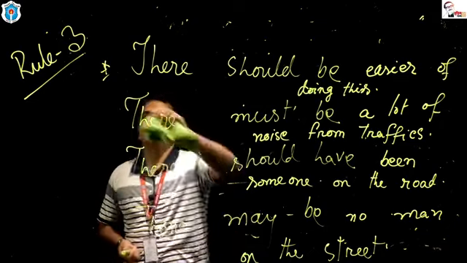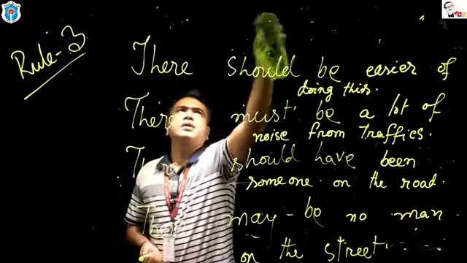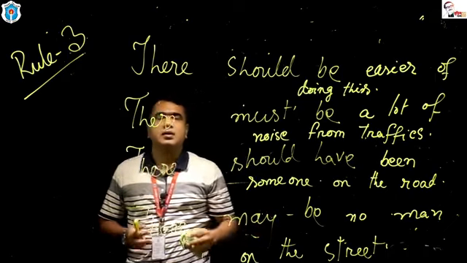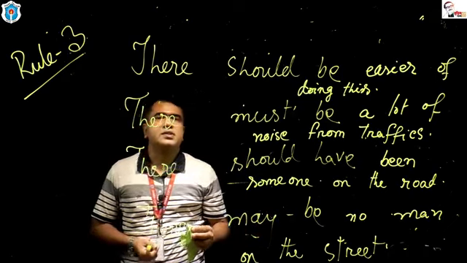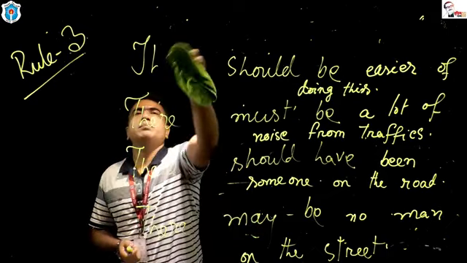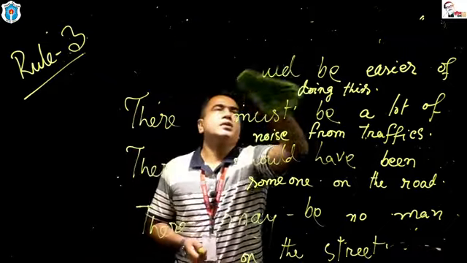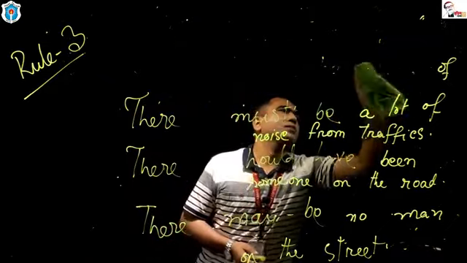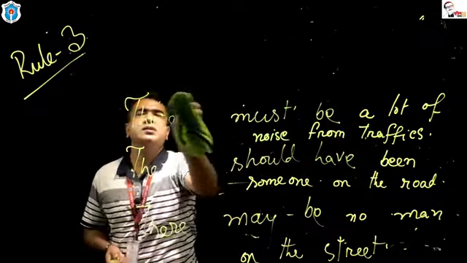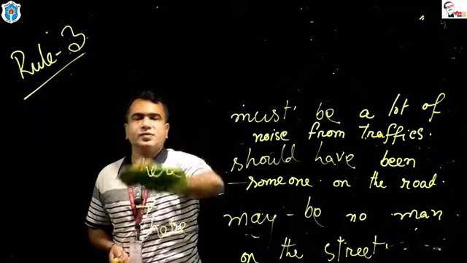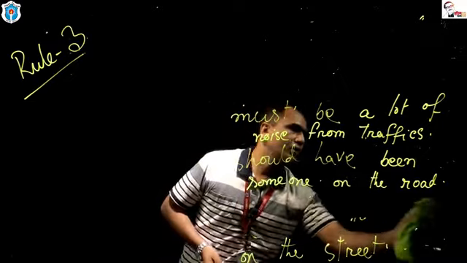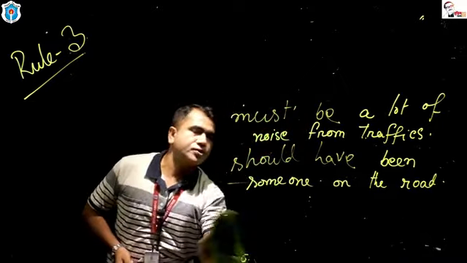That means, as I told you at the very beginning, what we see in our surroundings, what we find, what exists or what is happening, we use there to refer to these things or incidents that are existing and happening in the world around us.